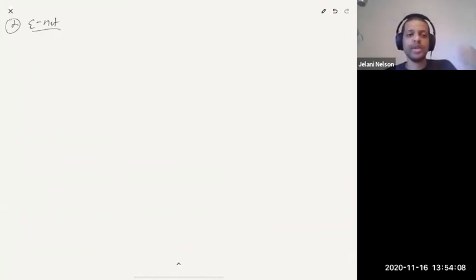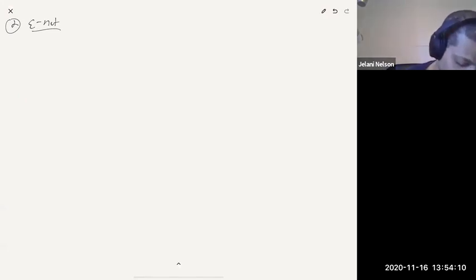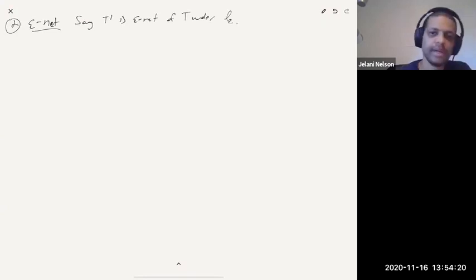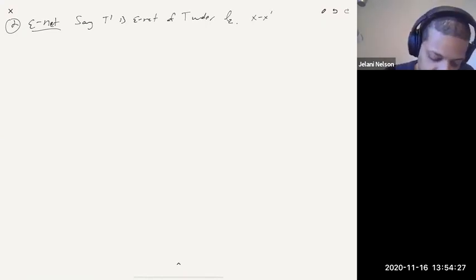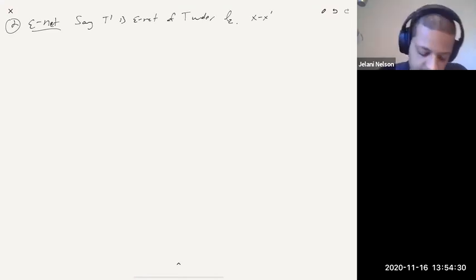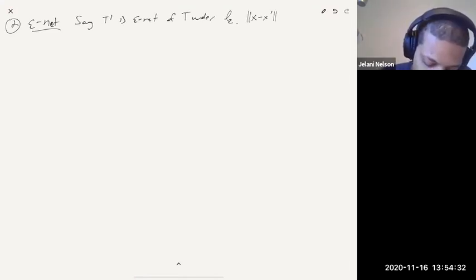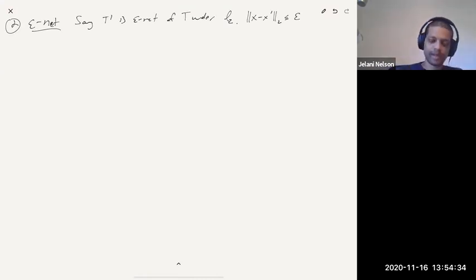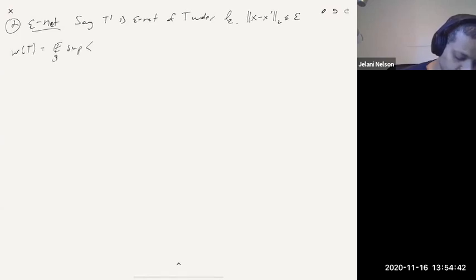So we know what epsilon nets are. Why are they useful here? Say T prime is an epsilon net of T under L2, and I'll use the notation that x prime is the closest thing in the net. So for all x in T, there is an x prime in T prime such that the distance between x and x prime is at most epsilon. Now, W(T) is equal to the expectation over g of the sup of g dot x.